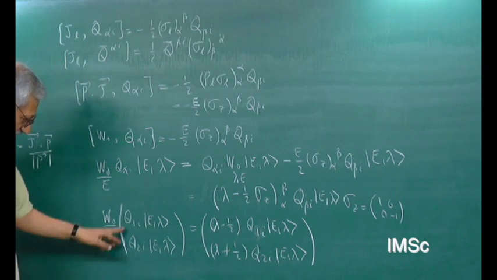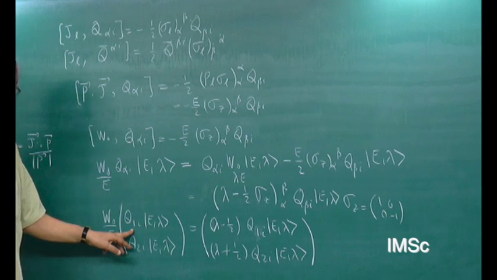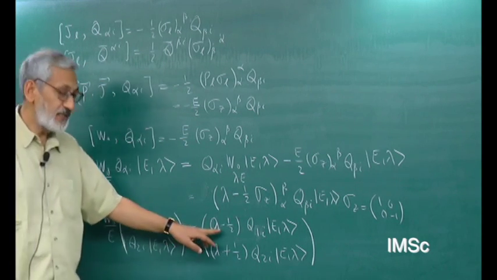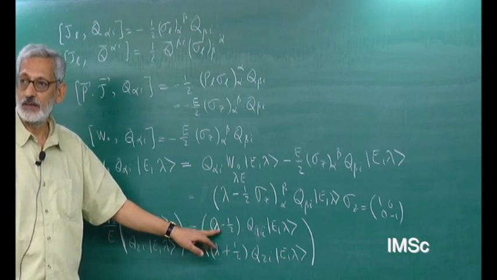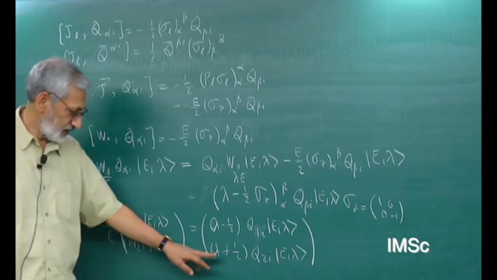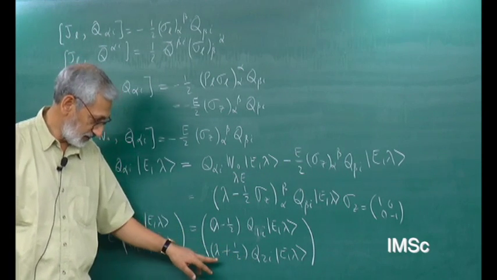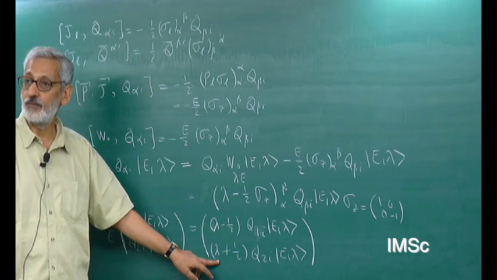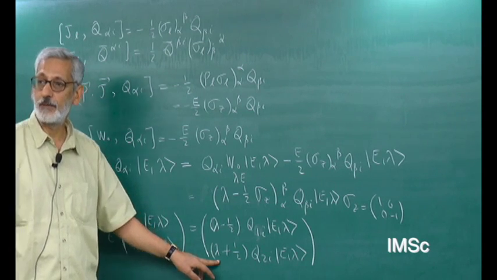So what it tells me is that Q1 operating on a state decreases helicity by 1/2 unit, and Q2 acting on a state increases the helicity by half.